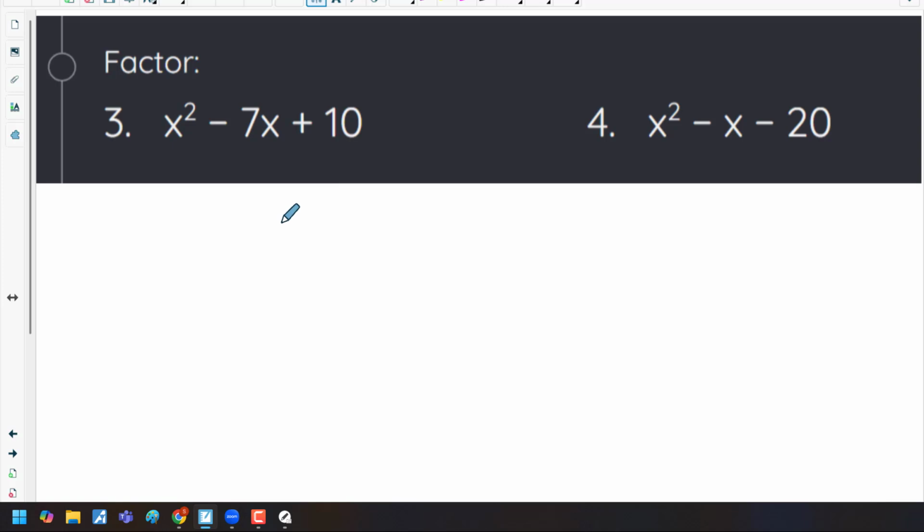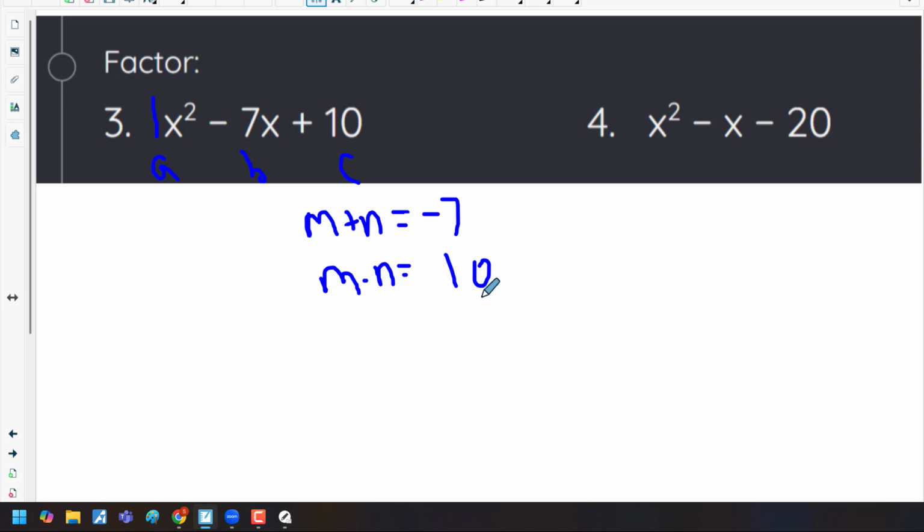These ones. Okay, same thing, A, B, C, A, B, and C. A being 1, B being minus 7, C being 10, obviously. So we're looking for two numbers that add up to negative 7, and the same two numbers that multiply to 10.